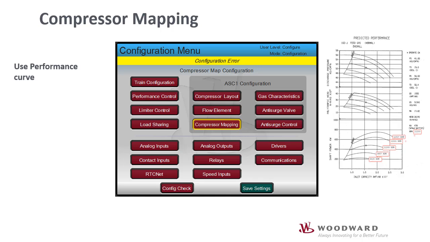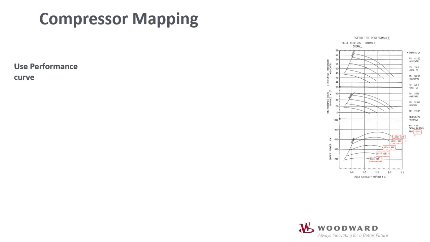Next is compressor mapping. This is an important step in compressor control configuration. For compressor mapping, we are going to use the predicted performance map, surge map, also known as the performance curve. Basically, on this configuration sheet, we define what my surge points are and what my rated conditions are.